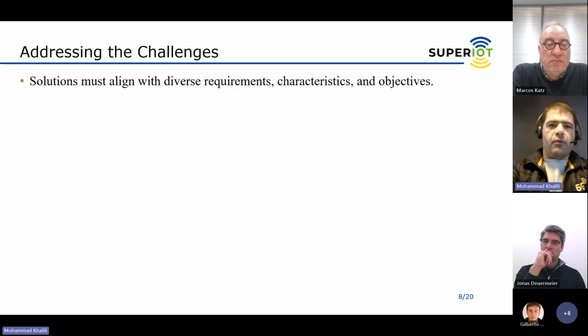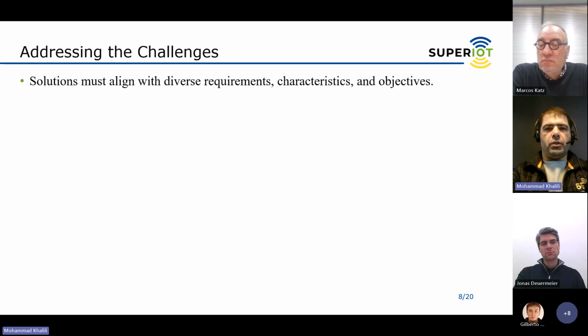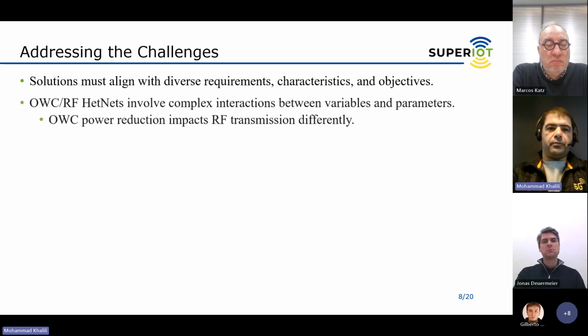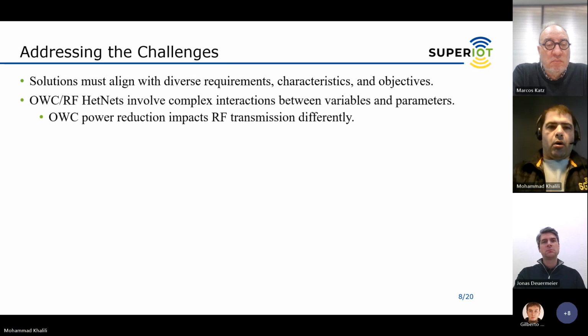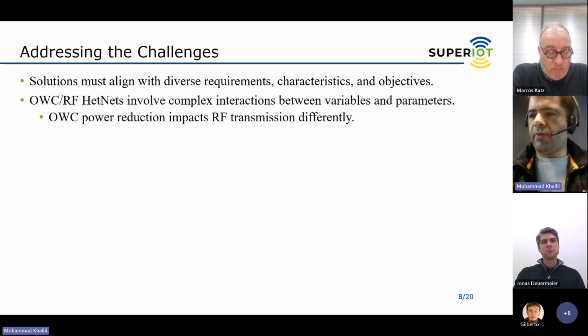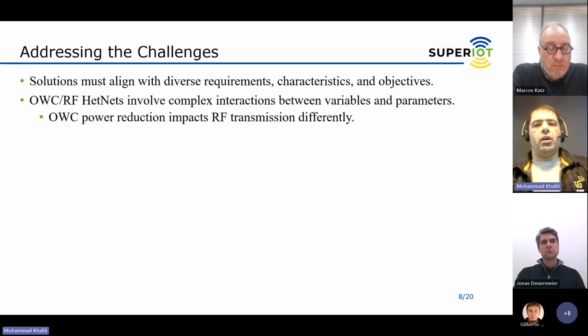Okay, we should address these challenges in hybrid optical radio networks, but in addressing these challenges, we should consider diverse requirements, characteristics, and objectives. Optical wireless communication and radio frequency heterogeneous networks involve complex interaction between variables and parameters.